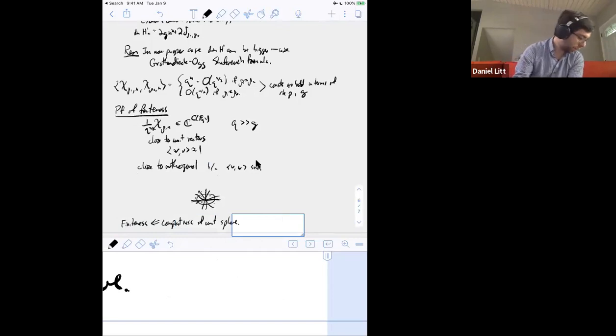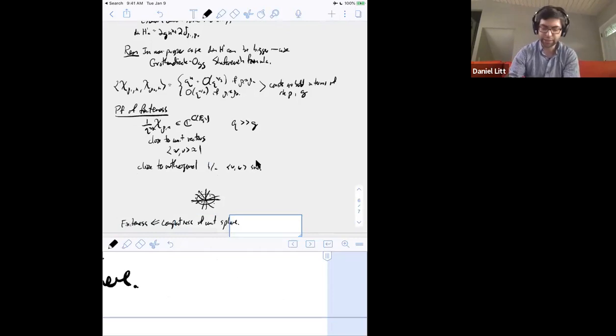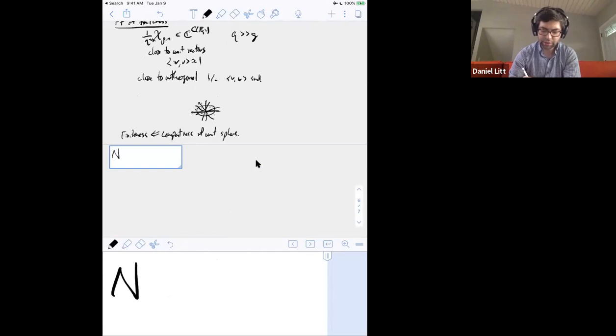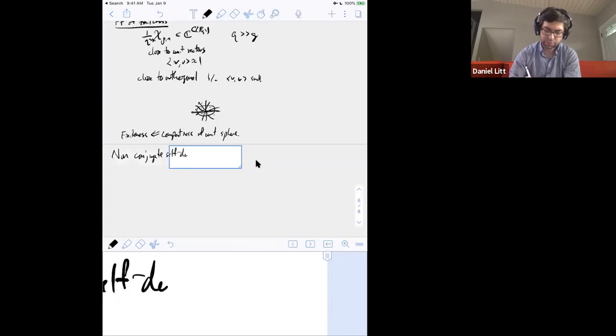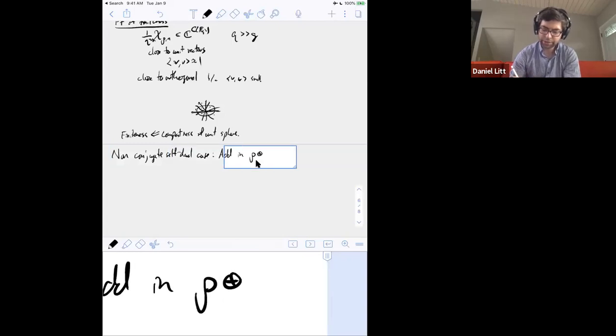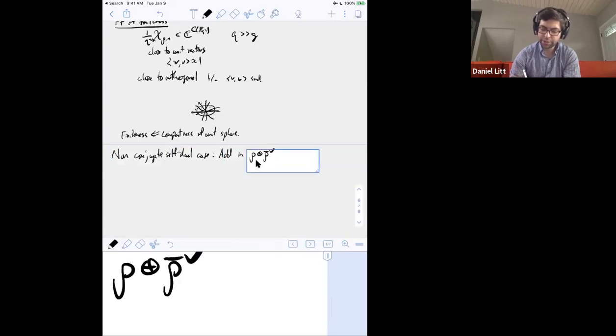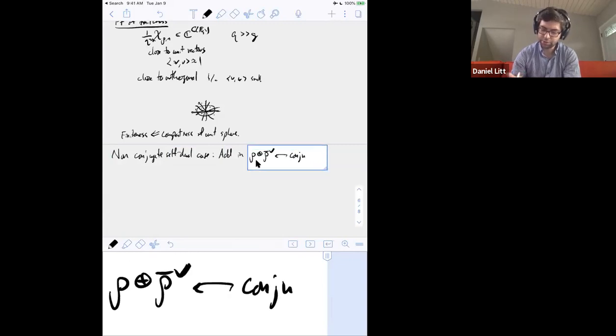So let me just say a word about the non-conjugate self-dual case. In the non-conjugate self-dual case, we just add in to our set of reps that we're thinking about, rho direct sum, rho bar dual. So this thing isn't irreducible, but it is conjugate self-dual by definition.